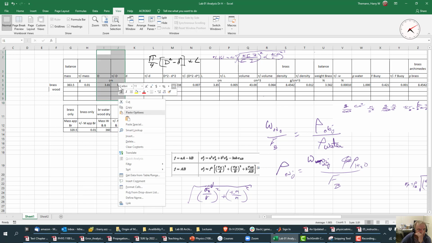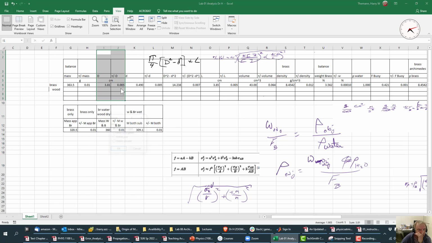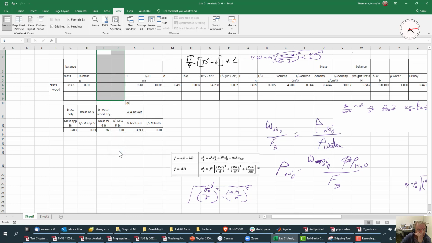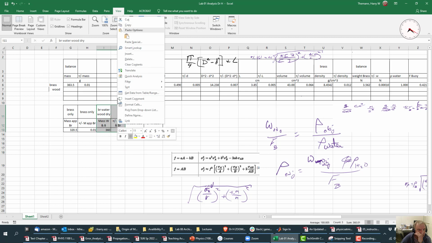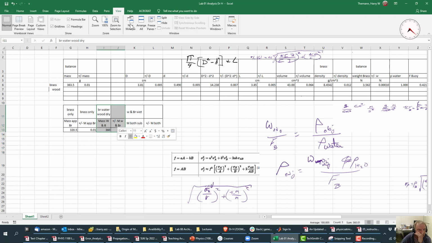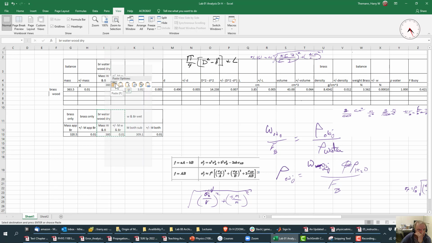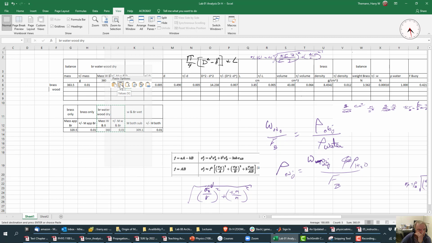Boy, I feel dumb. Shift everything right. Then we are going to copy and paste these guys in here, and values only, why not? Let's try that out. Something's not right. I see it. Oh, what happened there?